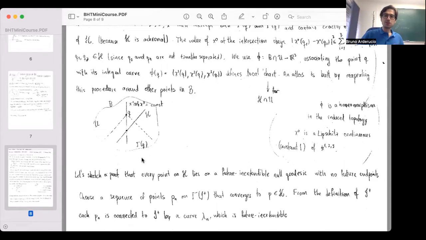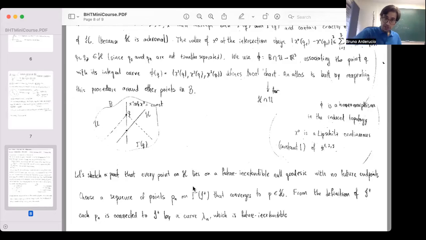Imagine there is a sequence of points in the exterior of the black hole that converges to a point on the horizon. I denote it by P sub n. P sub n is a sequence of points in the exterior that converges to a point on the horizon. Because each Pn is in the exterior, by definition, I can connect this point to scri plus, to future null infinity.